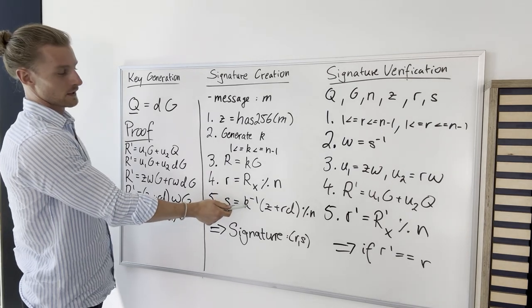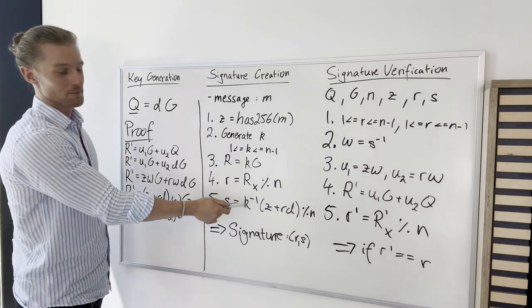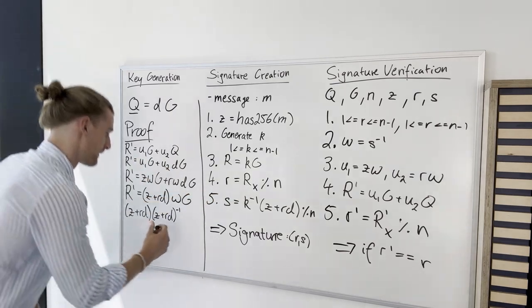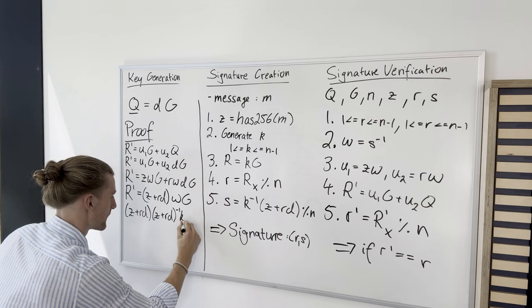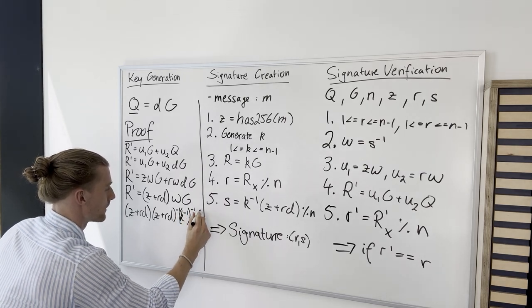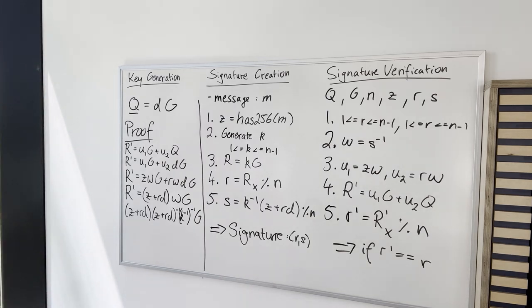And then also we still have K, or the inverse of K here, so we take the inverse of that, which we'll write as K minus 1 G.